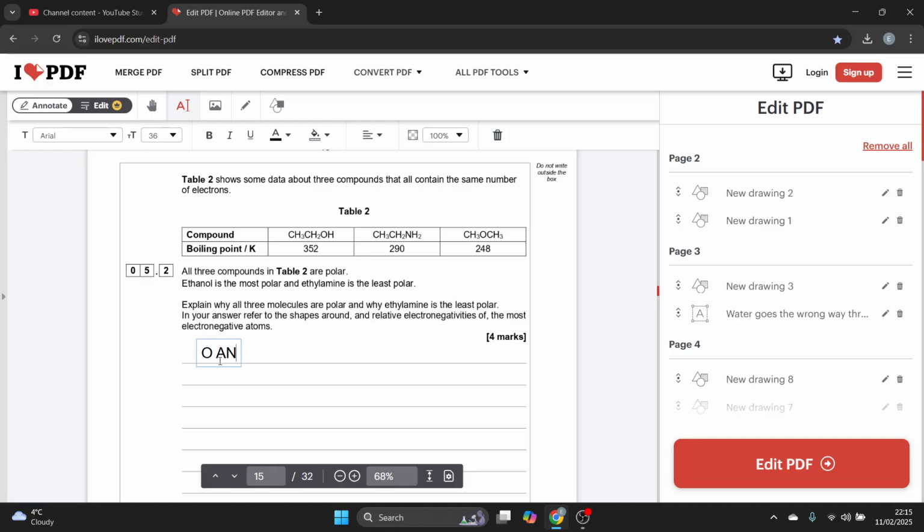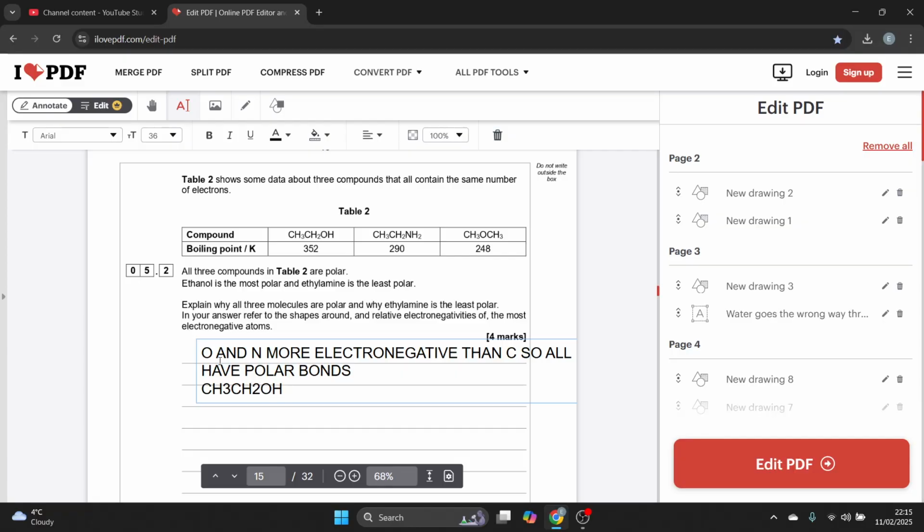So first things first, oxygen and nitrogen are more electronegative than carbon. So they all have polar bonds, because we've all got oxygen and nitrogen in them. Whereas CH3CH2OH and CH3OCH3 are both non-linear, and CH3CH2NH2 is trigonal pyramidal.